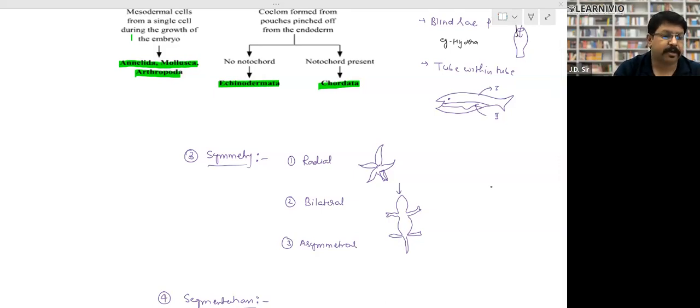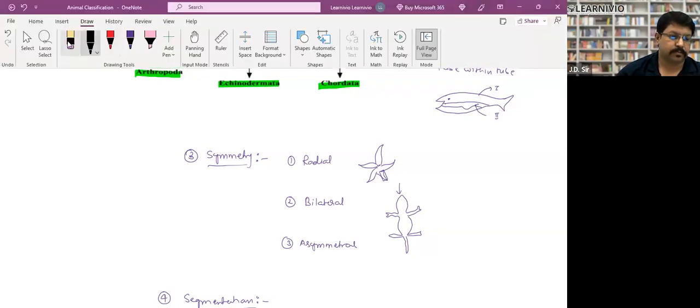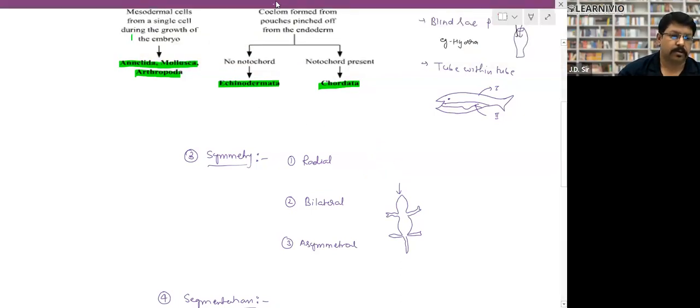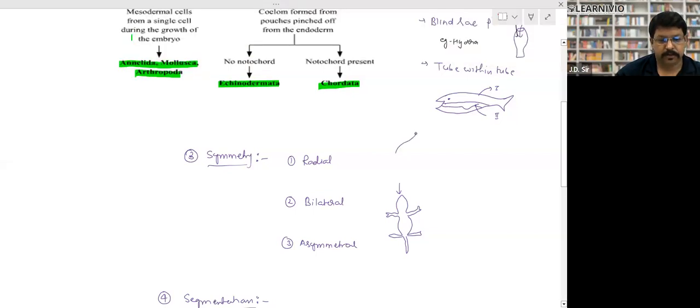First, radial symmetry. Radial symmetry is when you divide the body into two equal halves. Suppose this is a star.